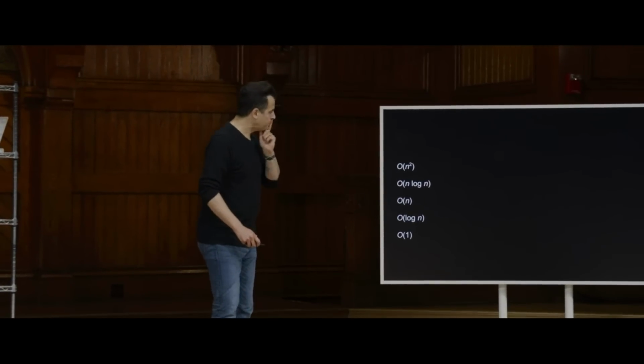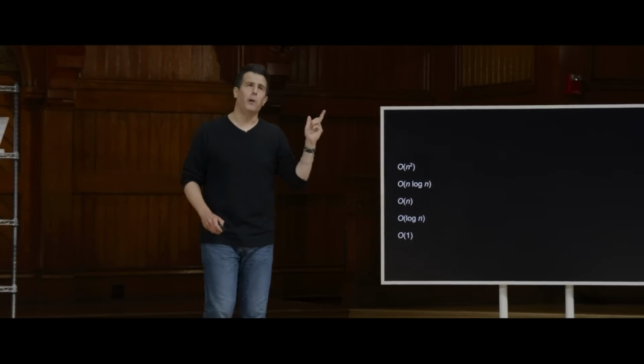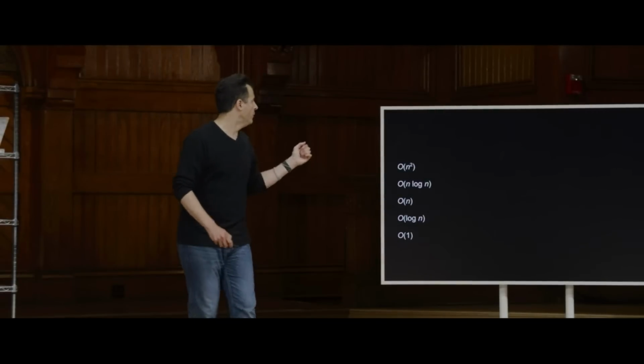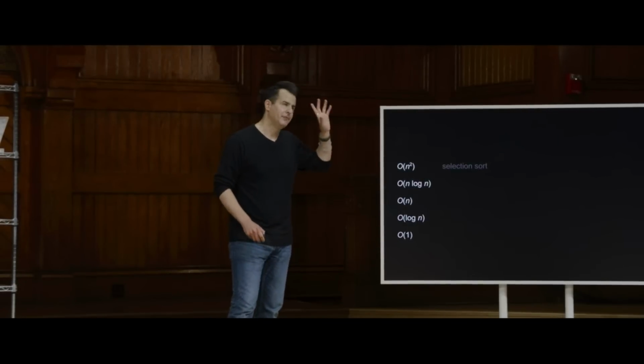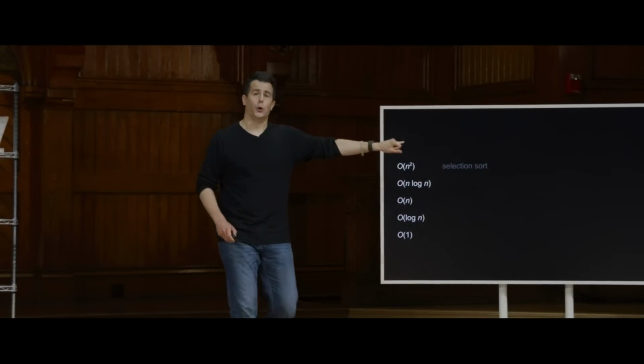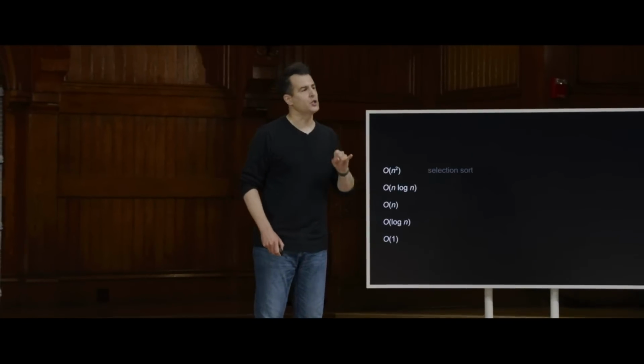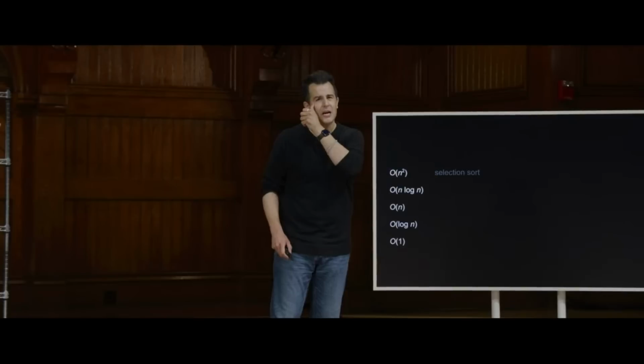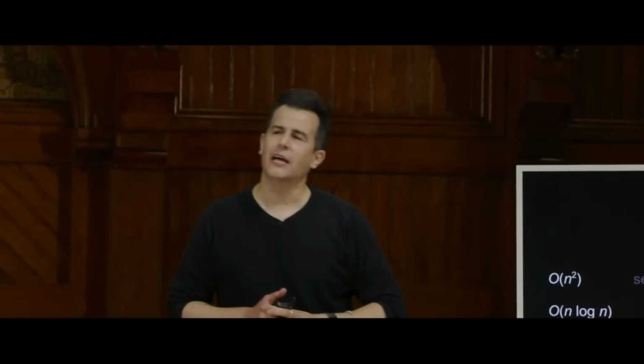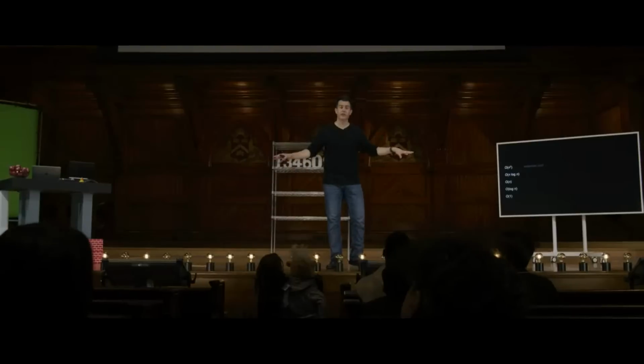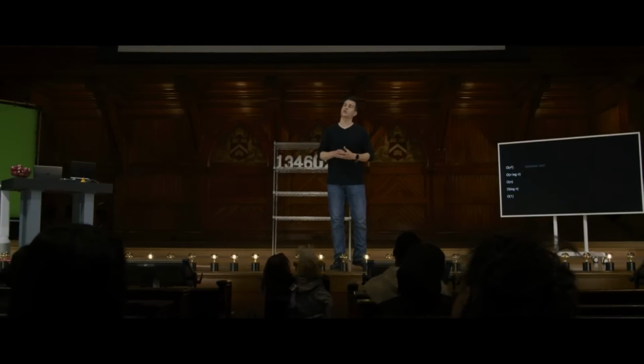So can we do actually better? Well, if selection sort is in the order of n squared, could we maybe get lucky sometimes? Like with selection sort, what would the best case scenario be? Well, the best case would be like everyone is already sorted, 0 through 7, and we just get lucky.